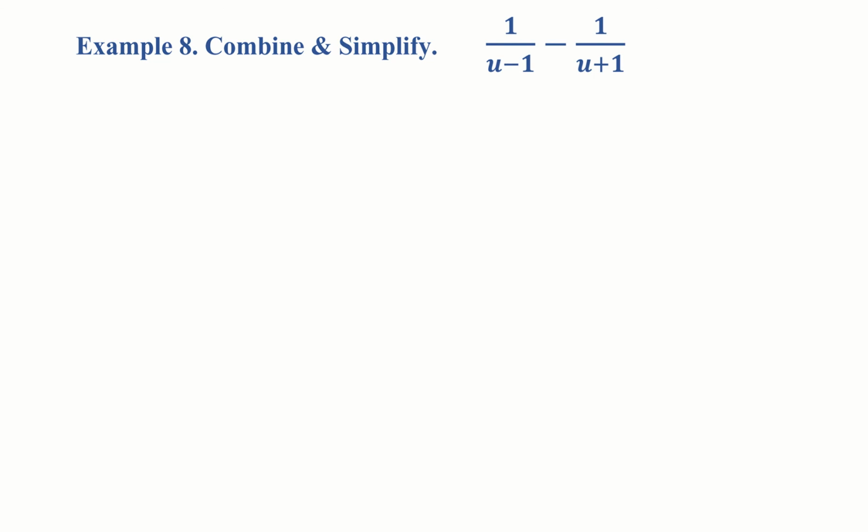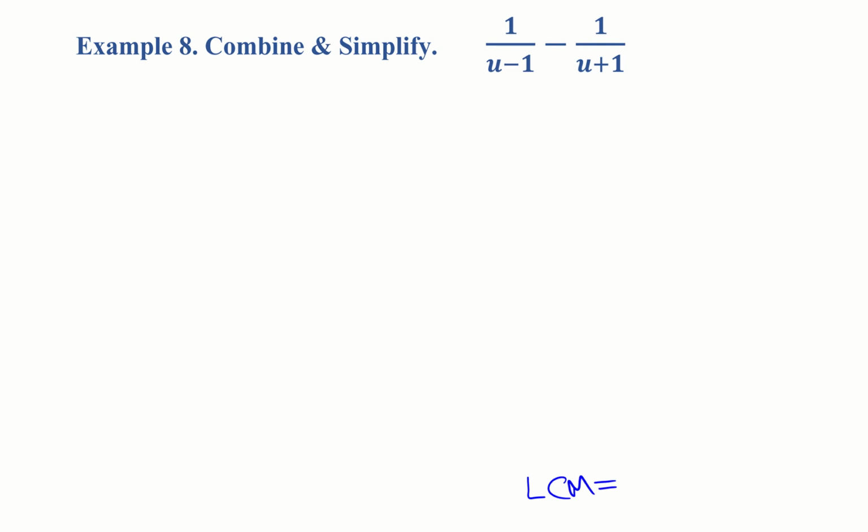Pause, try, come back. All right, so as you notice, these are unlike fractions, or if you want to really be technical, unlike rational expressions, because they don't have identical denominators. So we need to find a least common denominator, which is of course going to be the LCM of those two expressions.